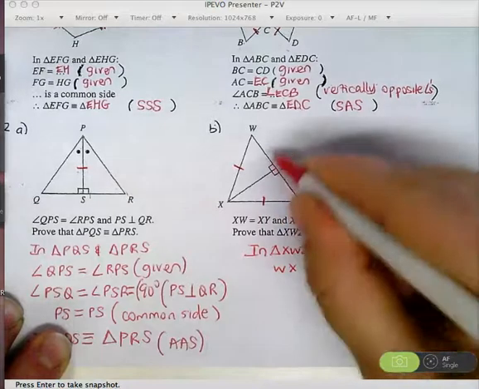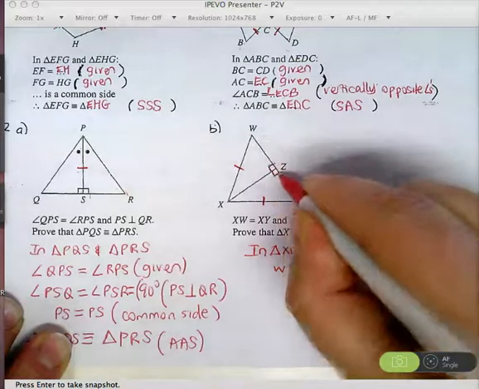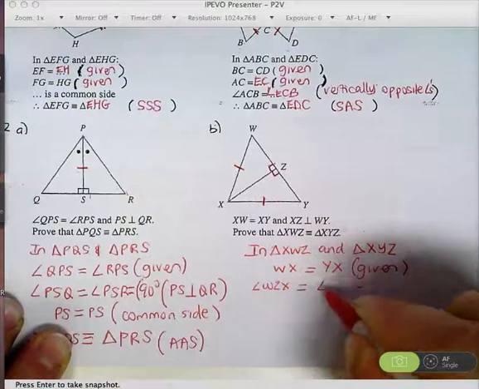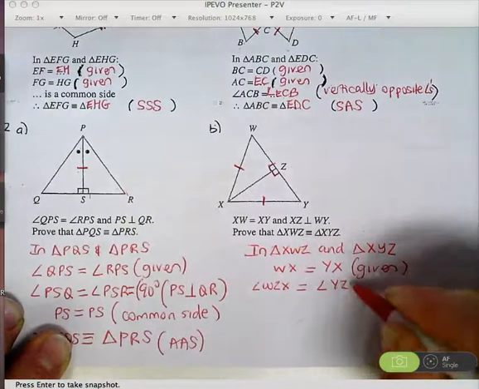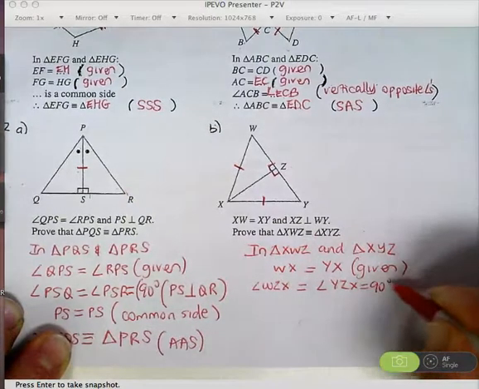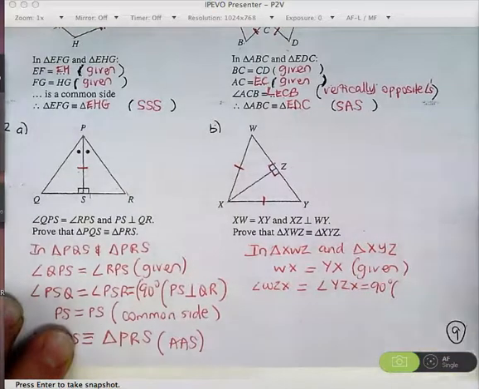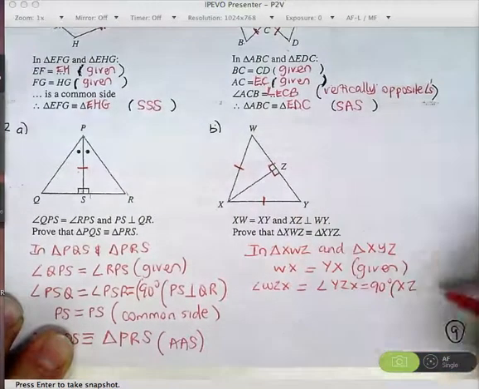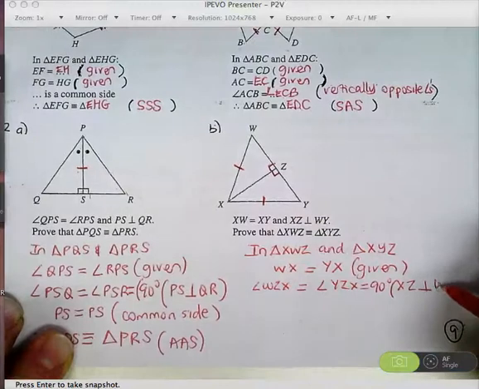We also know that we've got right angles. So we also know that angle WZX is equal to angle YZX, which equals 90 degrees. And the reason for that is that we were given that XZ is perpendicular to WY.